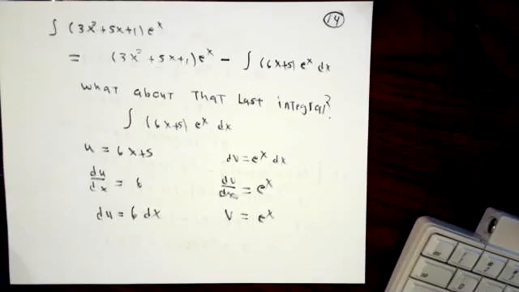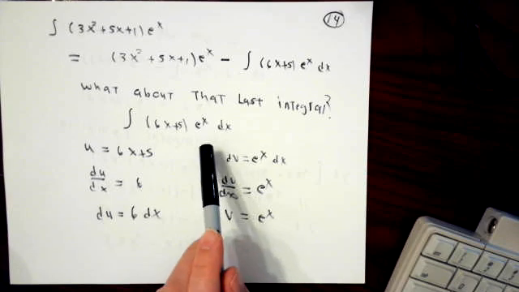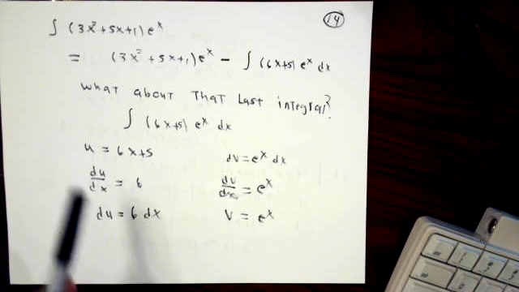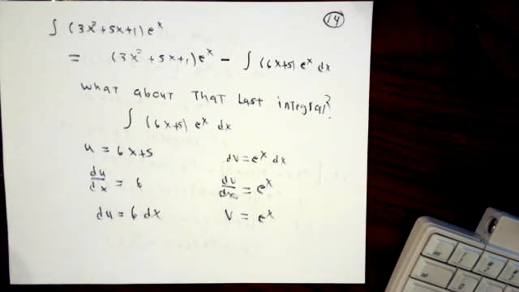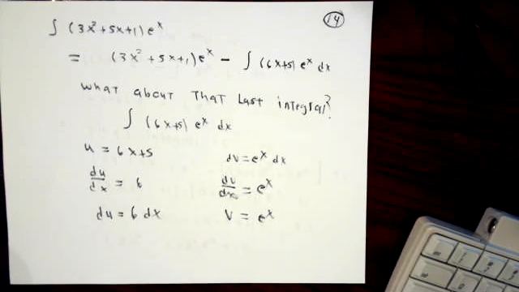It doesn't make any difference, but it helps me keep things straight. What about that last integral? What about the integral of 6x plus 5 times e to the x dx? I'm going to let u equal 6x plus 5. This u has nothing to do with the preceding u. dv will be the rest of the factors, including the dx. Obviously, doing the calculations, du is going to be 6 times dx, and v is going to be e to the x.